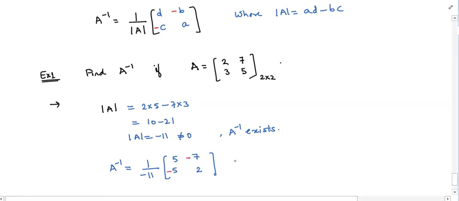Now, minus 1 over 11 is a scalar, so it should get multiplied with all the elements. On simplification, it becomes minus 5 over 11, minus minus becomes plus 7 over 11, 5 over 11, and here minus 2 over 11. So this is the inverse of the matrix. Easy?